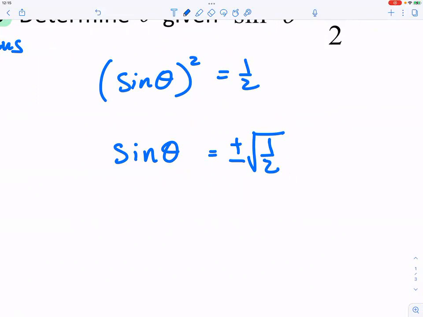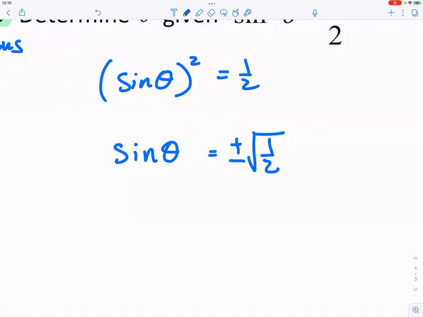Yeah, if you square a negative, it's still positive, right? It's just like asking the question, hey guys, x squared is equal to 9. What is x? It'll be 3 or -3, right? And we say or because we don't know if it's +3 or -3. So we must include both situations. Same deal right here.